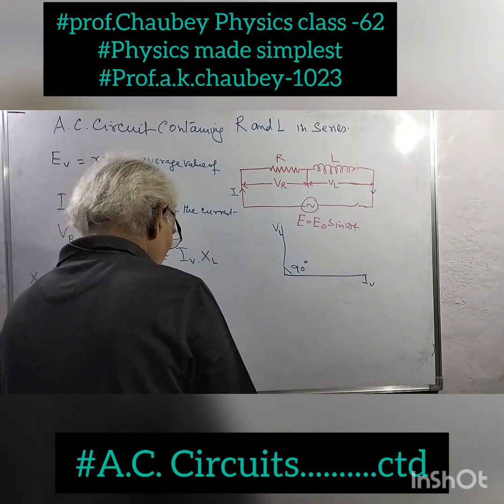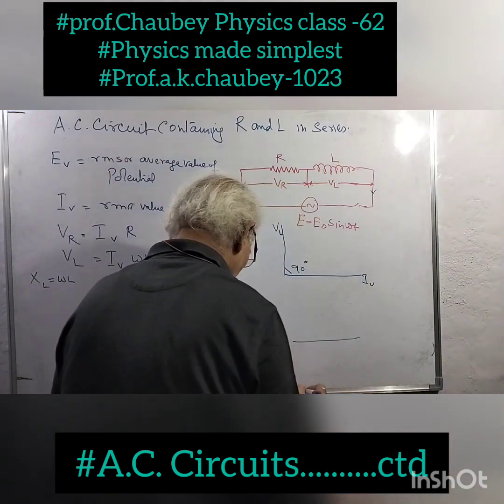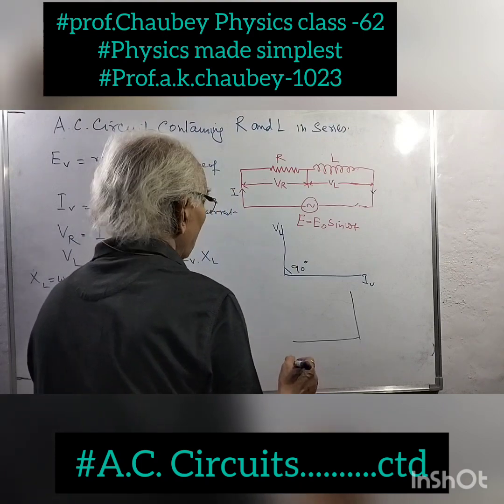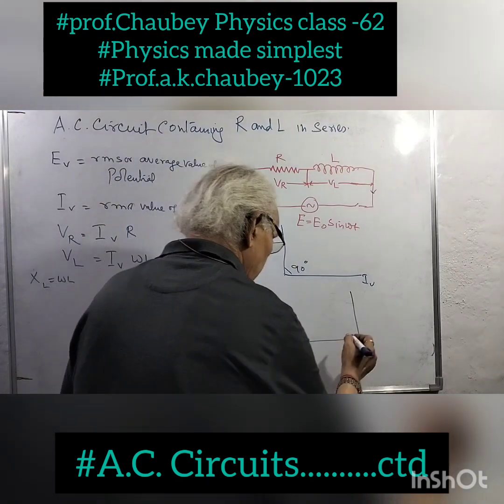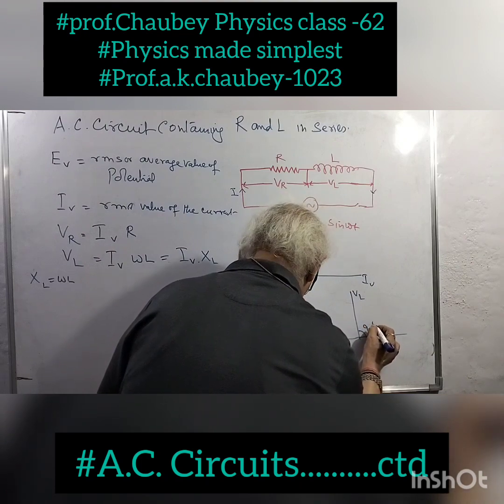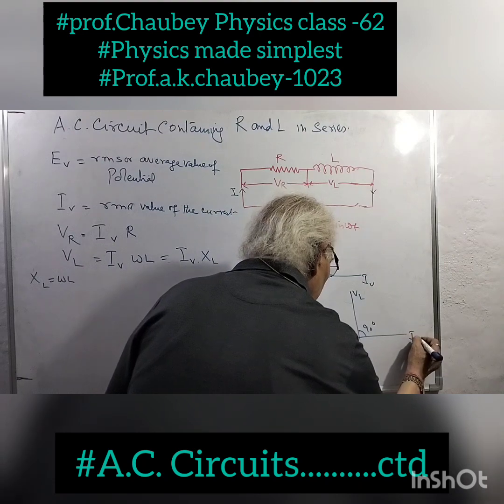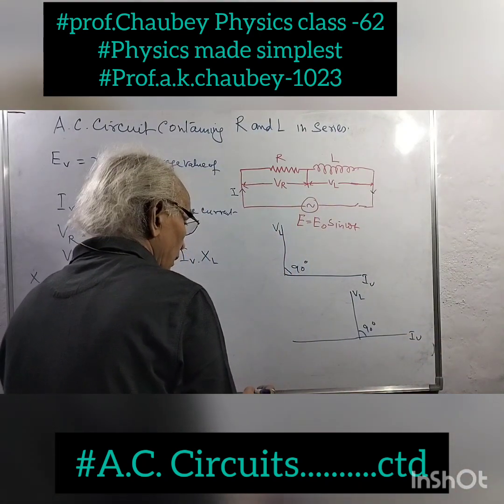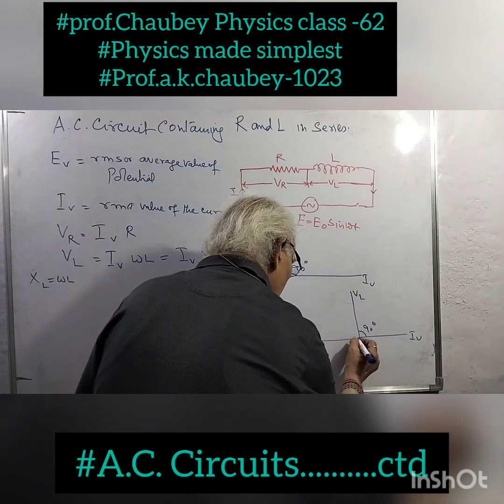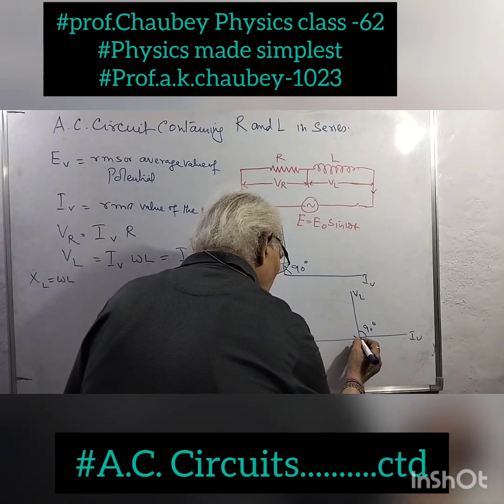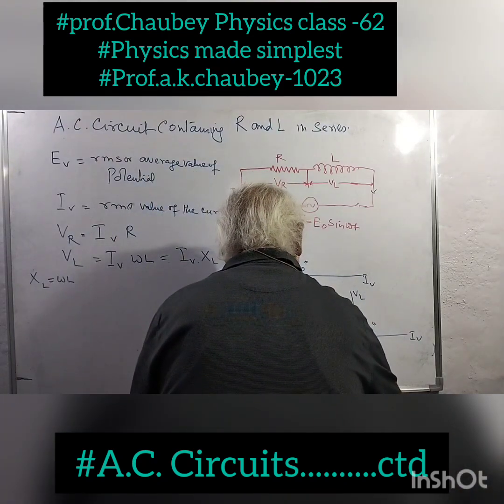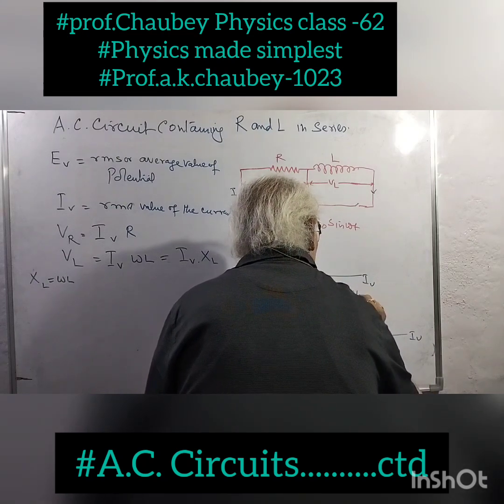And we know that this is a vector diagram of potential, VL at 90 degrees to IV, and then this is VR, and this is EV.